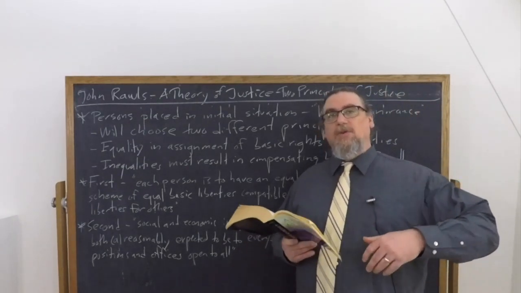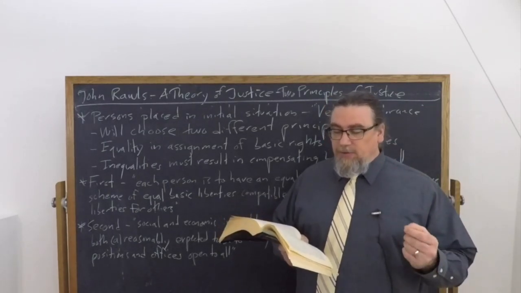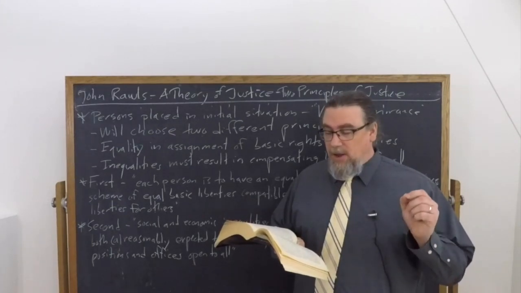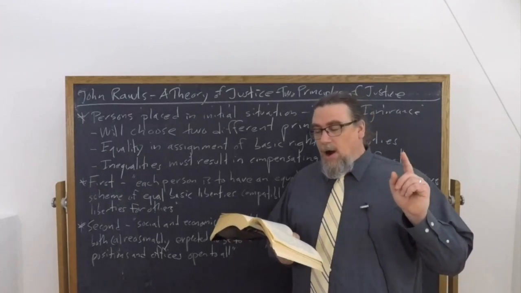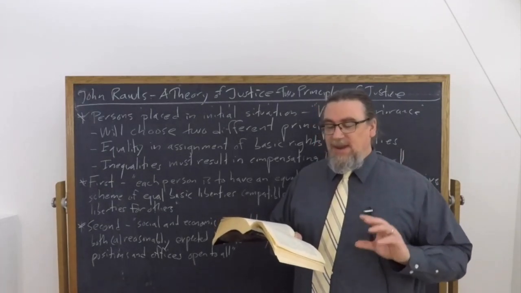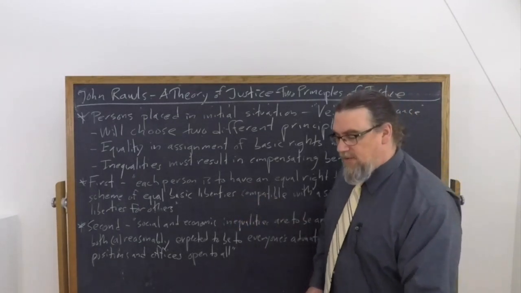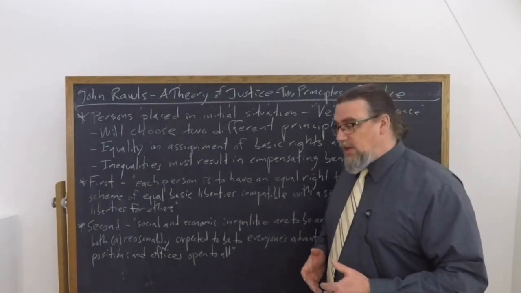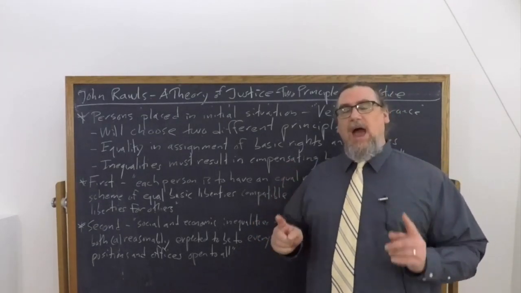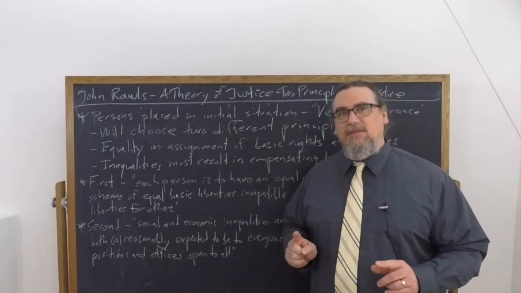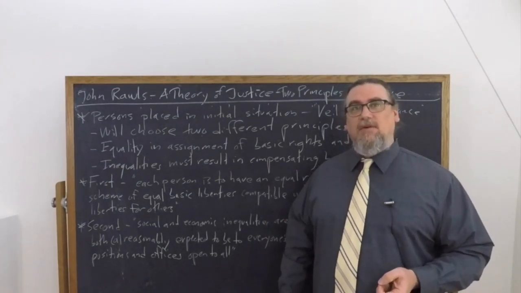And then he provides us with a sort of summary of how you can bring these two together. He says, all social values, liberty and opportunity, income and wealth, and the social bases of self-respect are to be distributed equally unless an unequal distribution of any or all of these values is to everyone's advantage. So again, we see that he's willing to countenance some inequality, but you've got to be able to make a case that it is reasonably expected to be to the advantage of all.